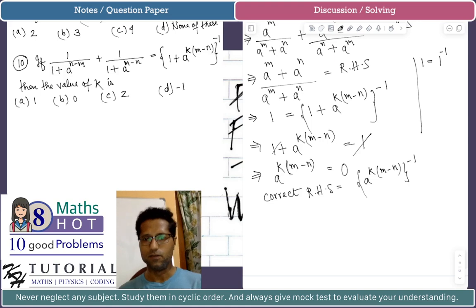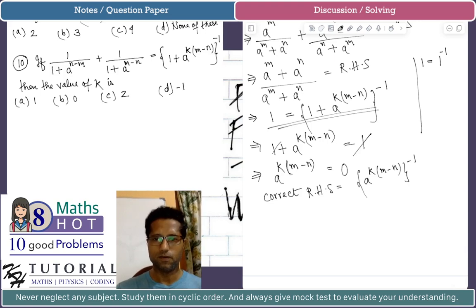So if the right hand side given is a to the power k into m minus 1 and this whole raised to the power minus 1, we would get, instead of this, that the left hand side is 1, that is fine.